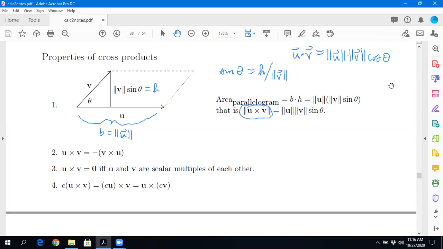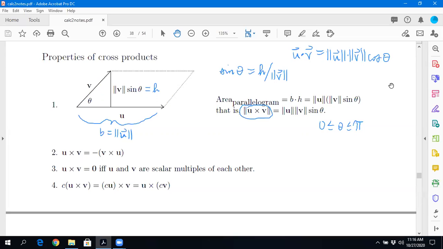If I'm looking at the angle between two vectors, what's the range of the possible values of that angle? 0 to 180 degrees. And what's true about the sine function between 0 and 180 degrees? Always positive, yeah? So that's fortunate for us, okay?